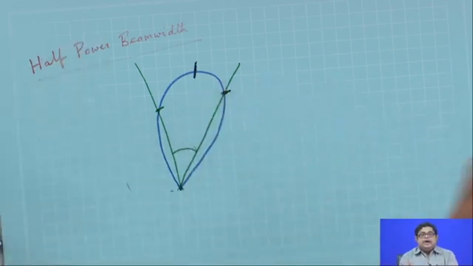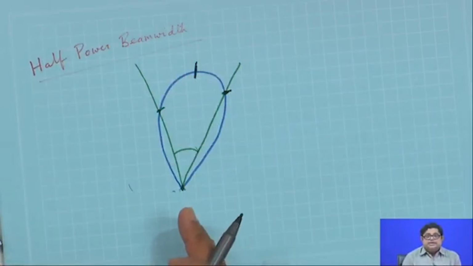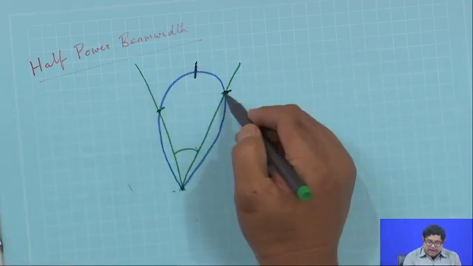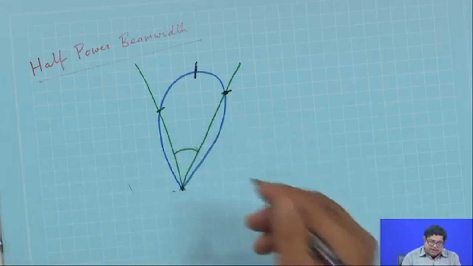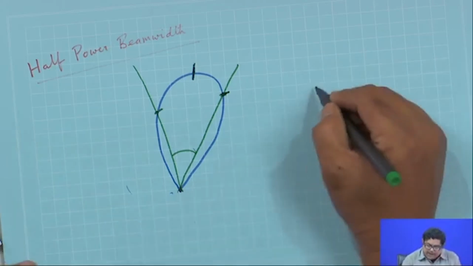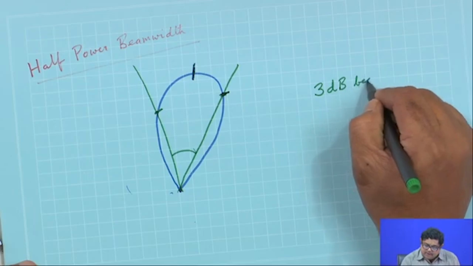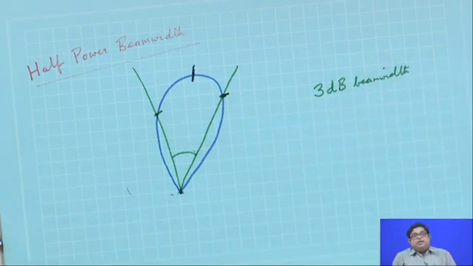Usually the main beam is symmetric about the maximum, or at least it has two sides. So, there we locate the angle between them, that is called the half power beam width. Also sometimes this is called 3 dB beam width for obvious reasons, because half power in power is 3 dB.